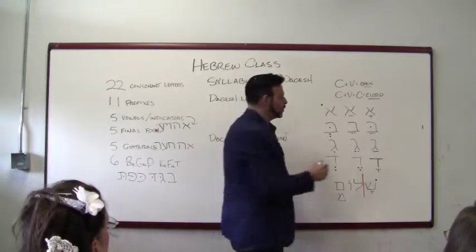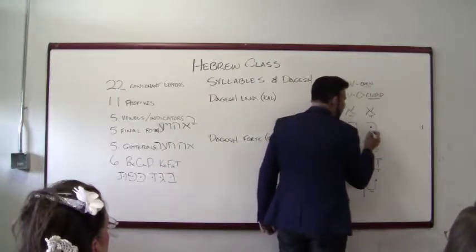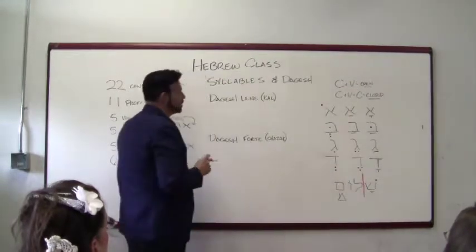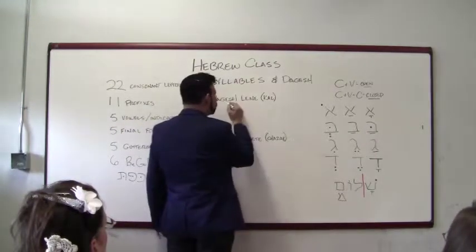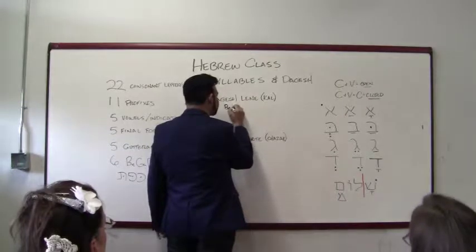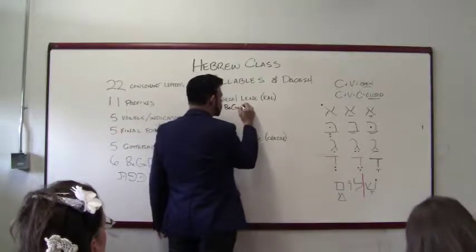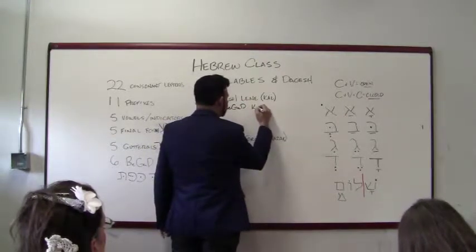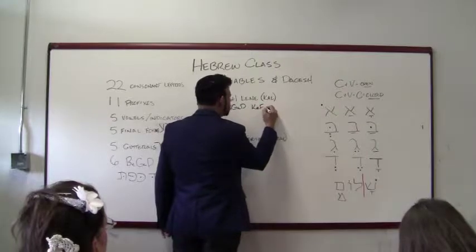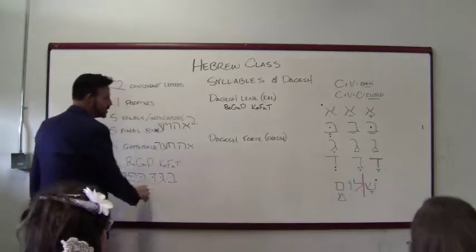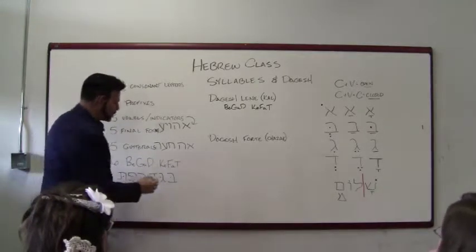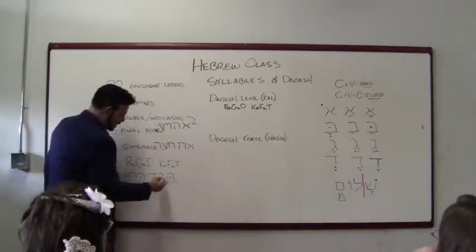The dagesh, what's the rule here of this dagesh? This dagesh is a dagesh lene, which only works for BeGaD KeFaT letters. You will only find this dagesh in the BeGaD KeFaT letters. These 6 letters, there was the original changing of the sound of all 6.